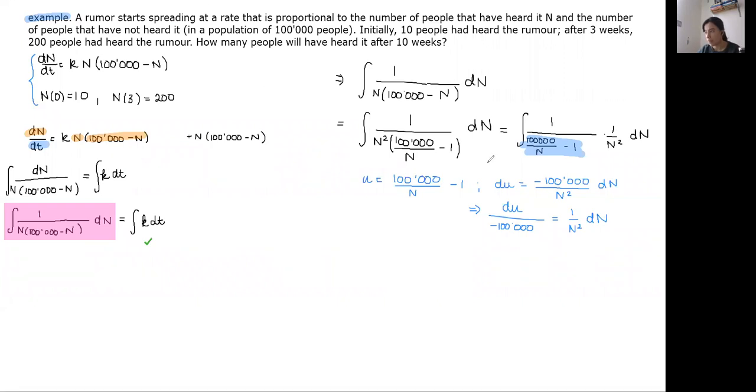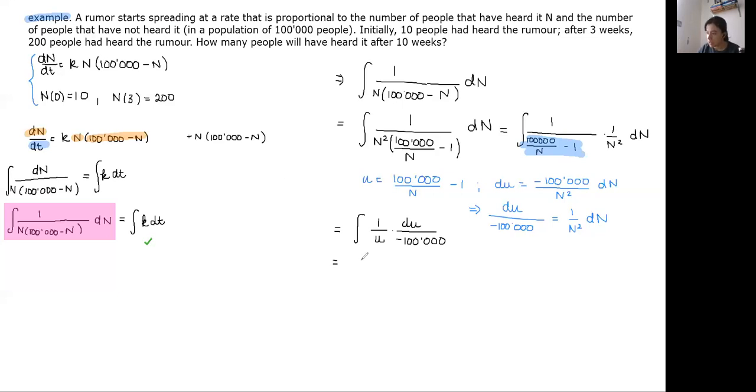All right, so then we're going to replace each of those pieces. We're going to have the integral of 1 over 100,000 over n minus 1, so this is just 1 over u. And then we said 1 over n squared dn can be replaced by du over minus 100,000.